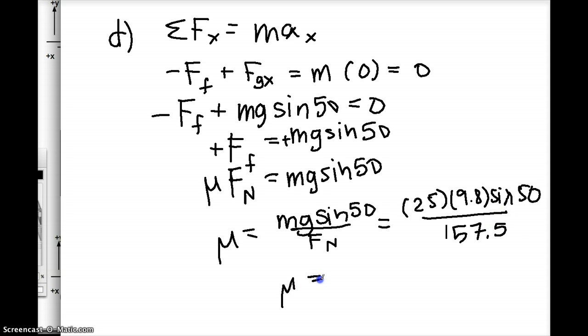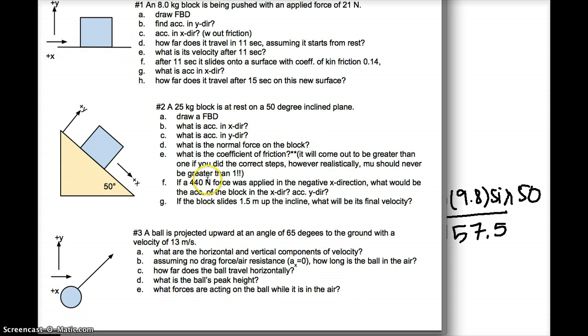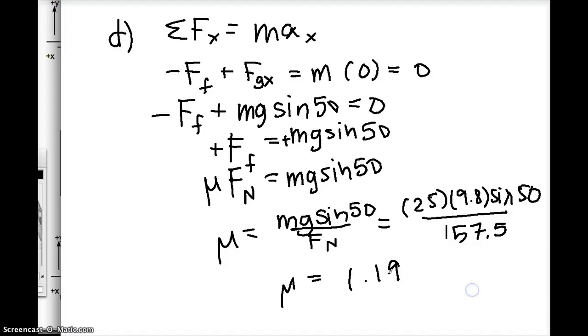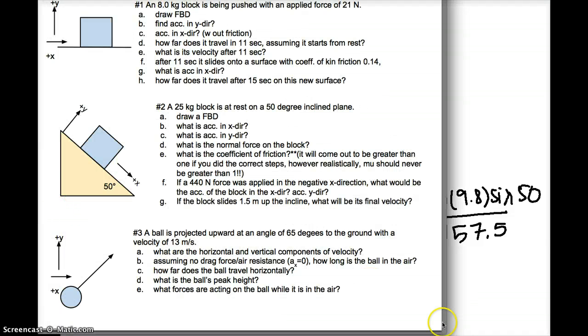And plugging all that in carefully into my calculator, I'm left with a coefficient of 1.19, and mu does not have units. I will continue with parts F and G in the next video.